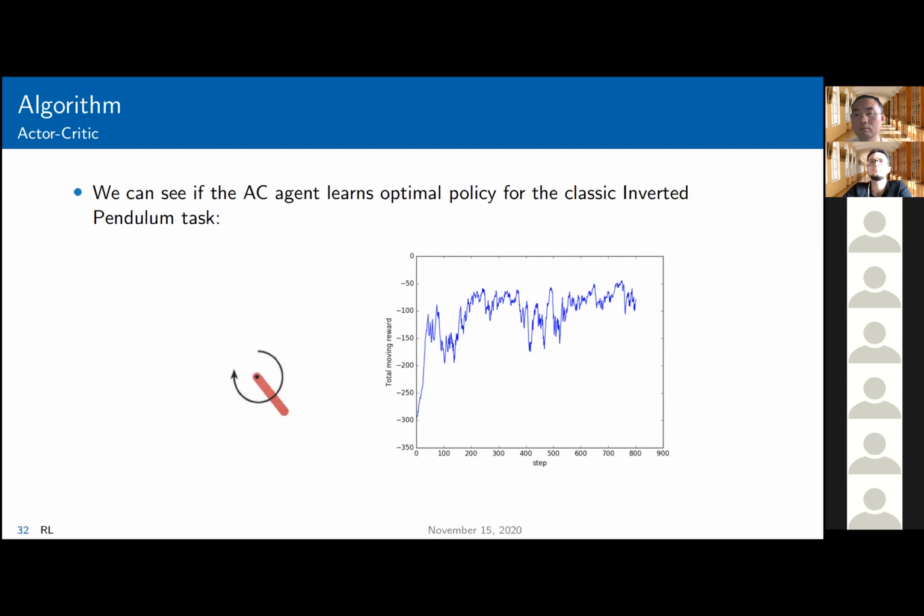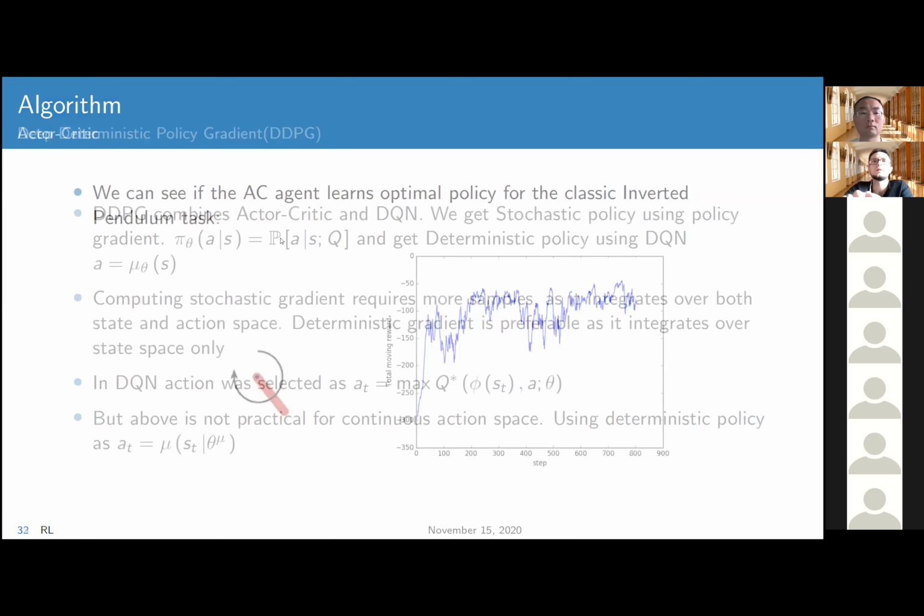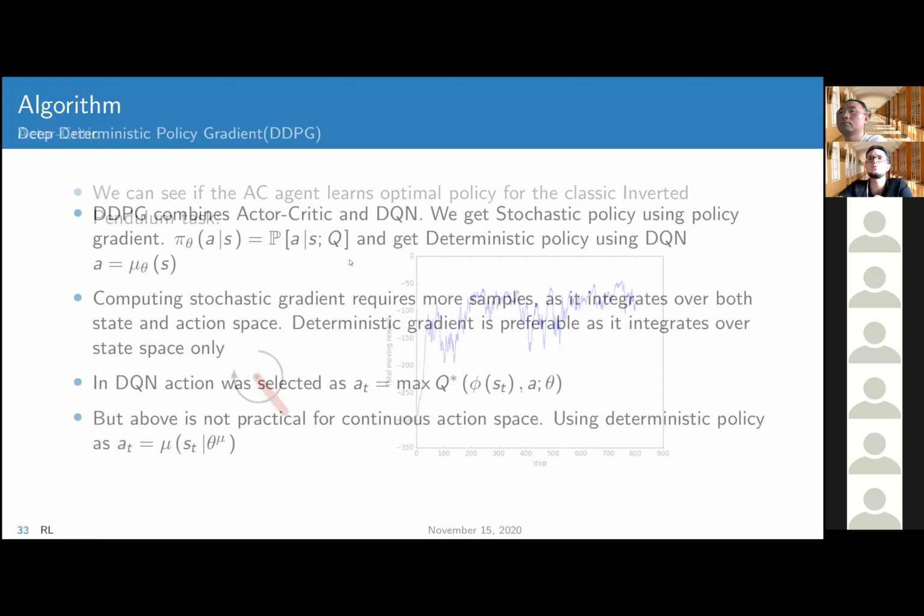This chart is about total moving reward. Okay, then we talk about the last algorithm, deterministic.